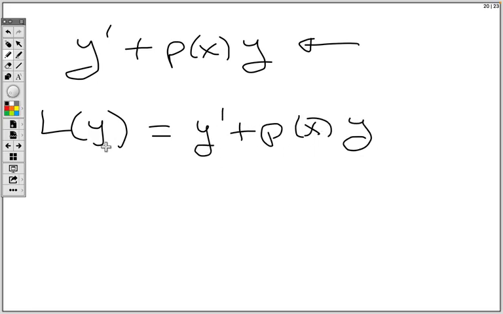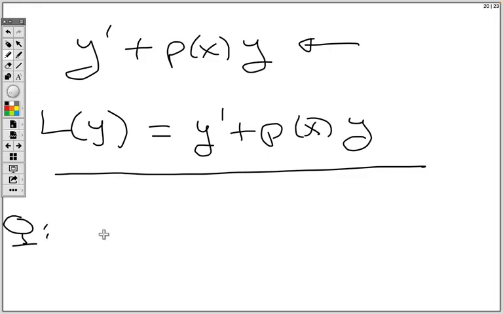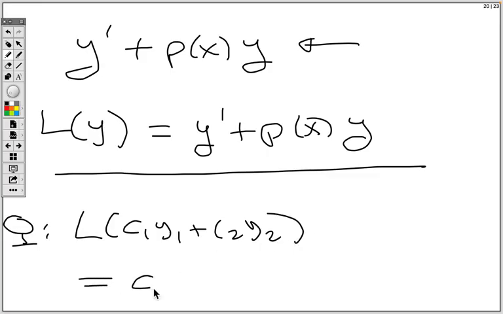So you plug in a function, you take its derivative, and then you add p of x times it. So let's see if this is a linear operator. To show it's a linear operator, we need to show that it respects linear combinations.